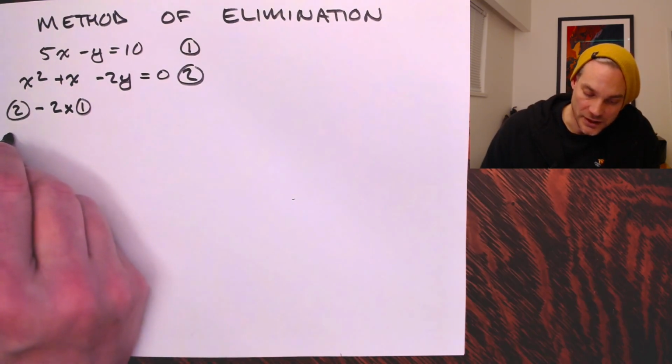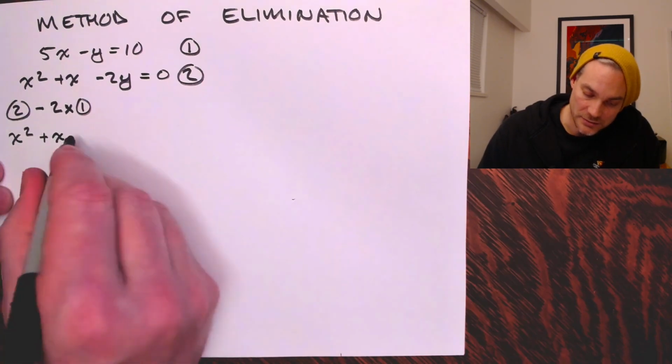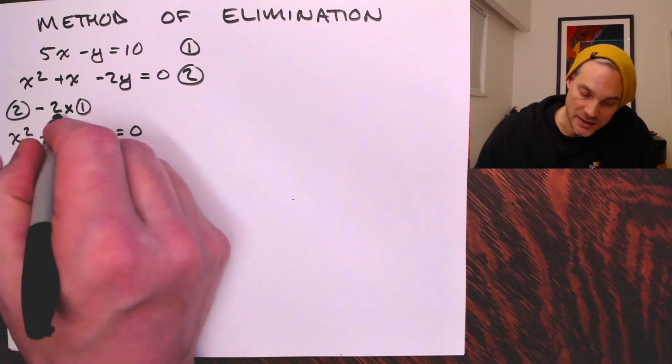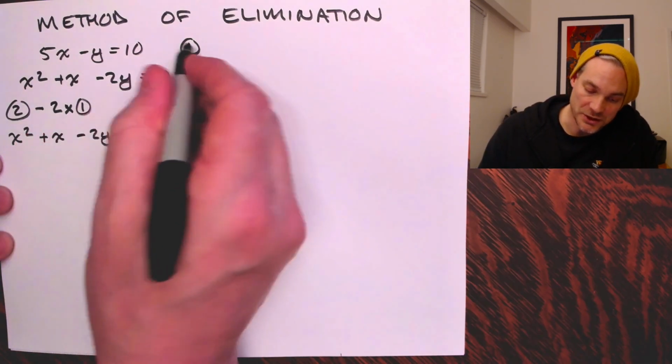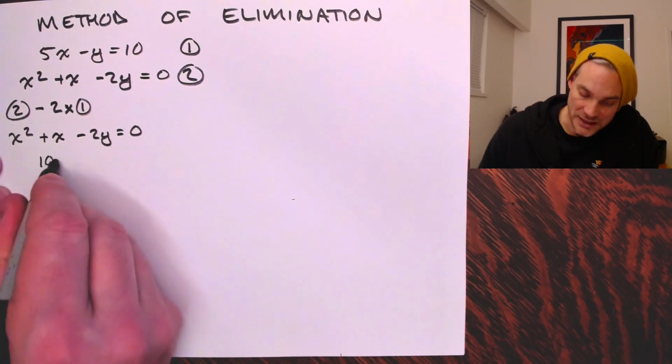So if I write that out, I have x squared for equation 2 plus x minus 2y equals 0. Now I'm going to take equation 1 and multiply by 2. So there's no x squared, but there is an x, so I have 10 x's now.